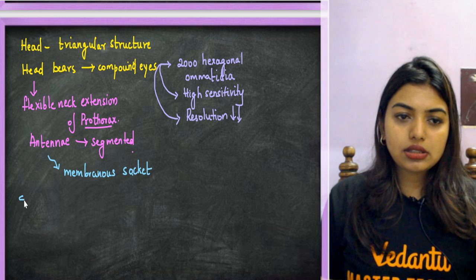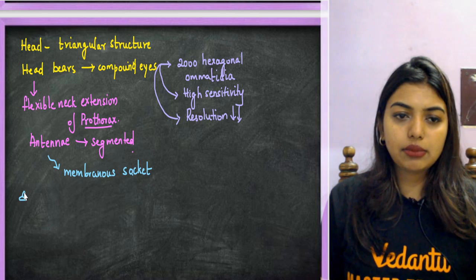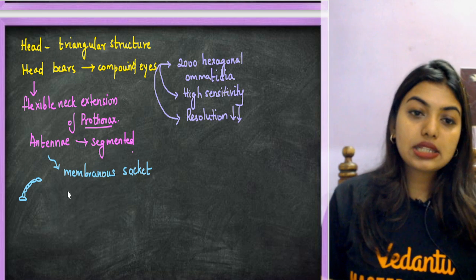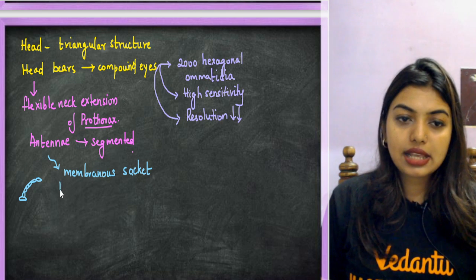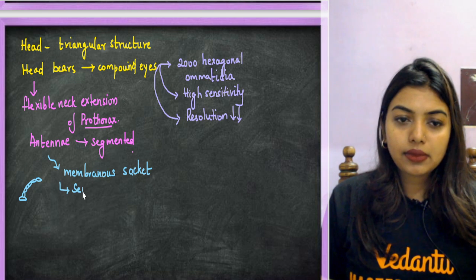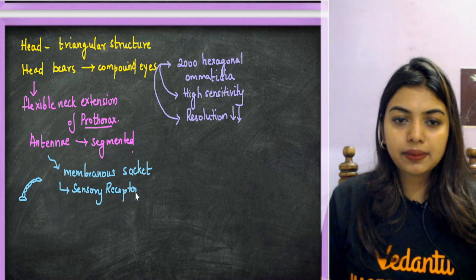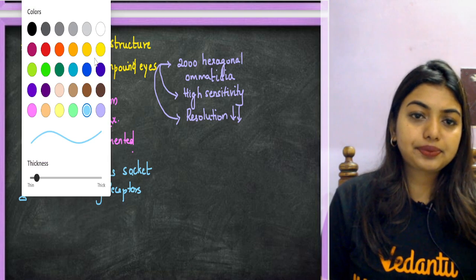So this is the membranous socket, and like this the antenna will be present. Now the next most important thing about antenna, students, is that this antenna has sensory papillae, sensory receptors. Yes, done.